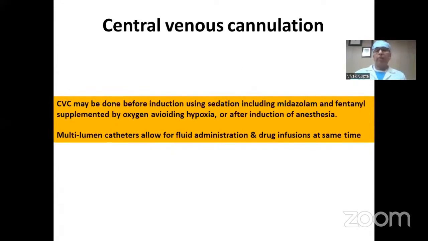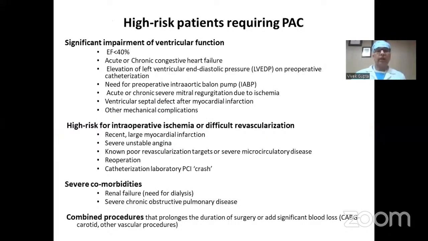While placing the central venous catheter before induction, after we have already given sedation, we should give supplemental oxygen to avoid any hypoxia prior to induction. A multilumen catheter will help us administer fluid and drug infusions simultaneously.